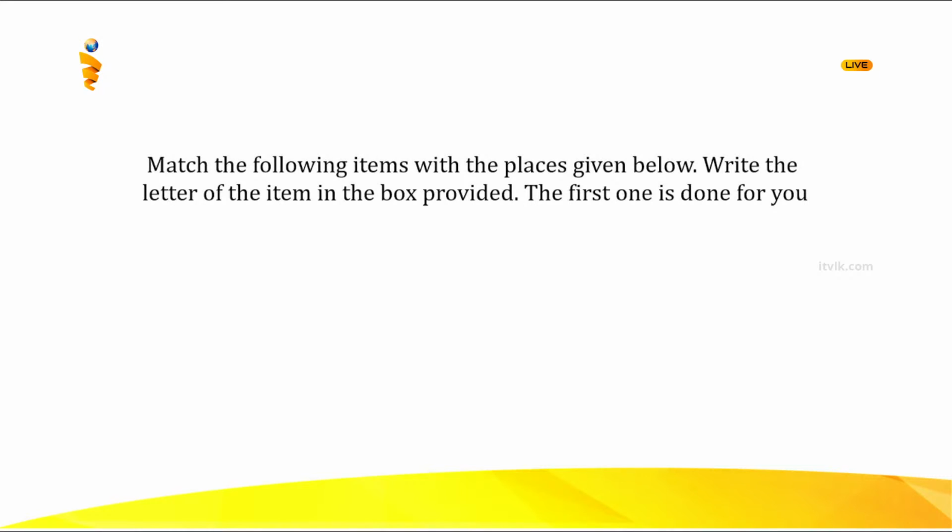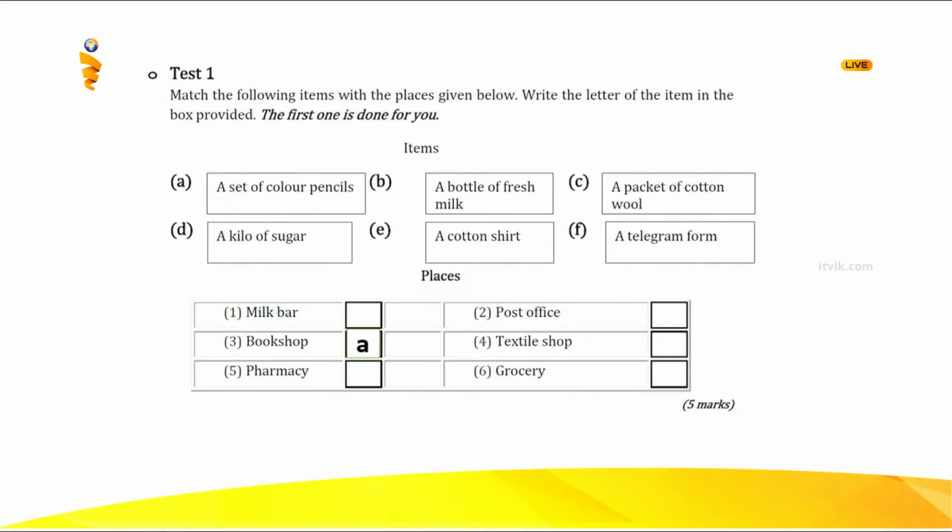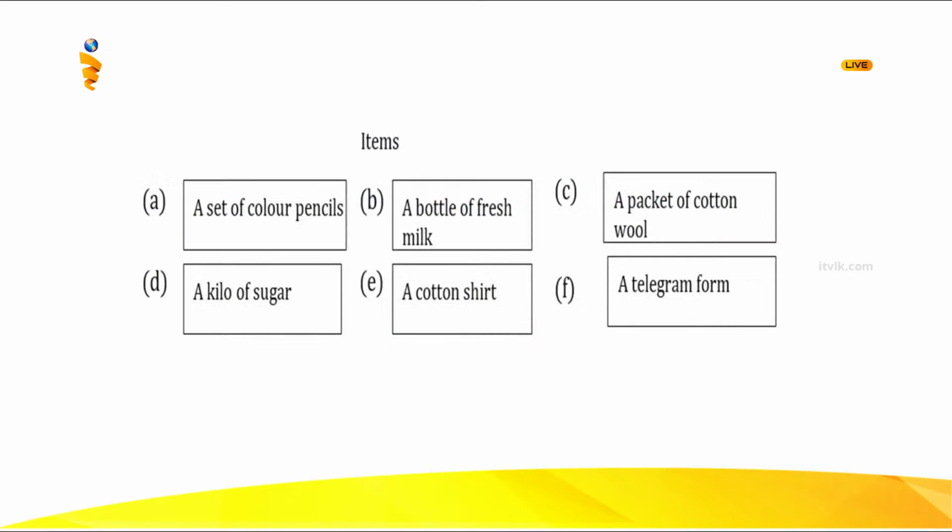So here, what do you have to do? You have to write the letter of the item in the box provided. Now let's go to the question. There are items and places. Now first, let's look at the items.